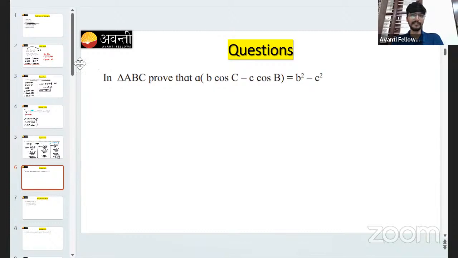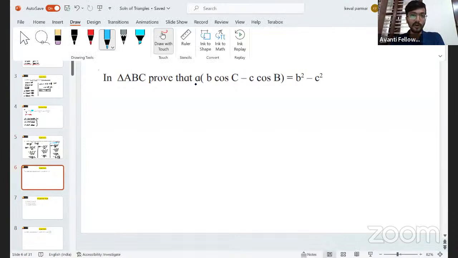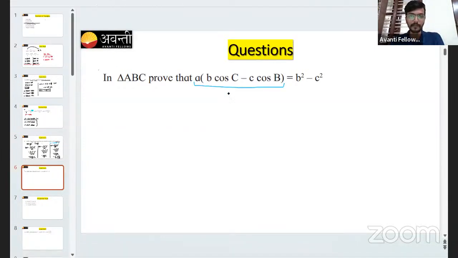In triangle ABC, prove that. So if you observe this, on the left hand side, we have angles and sides. On the right hand side, we have sides.